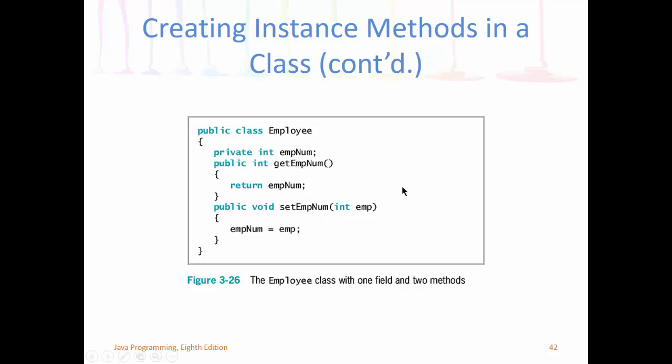Then this particular class will look it up and find set employee number. All it does is take whatever we're passing in and set it to the variable within the object, and now that object has that value. If we want to retrieve that value to do something with it, or just print it, then you use the get.